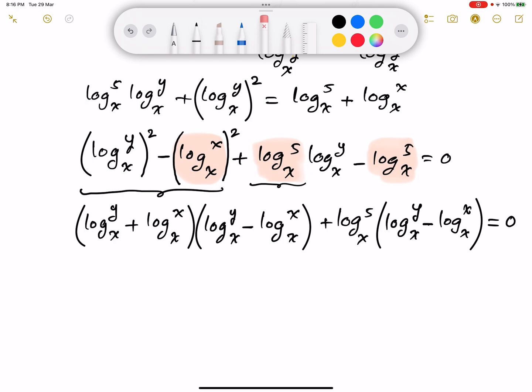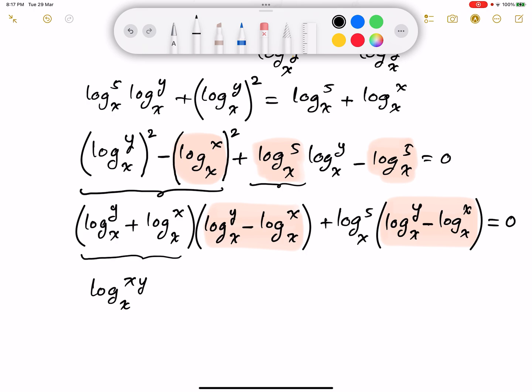Now looking at this term, we notice, guys, that this whole term is exactly the same as this term here. So this can be taken as a common factor as well. We can also notice that this term can be rewritten as logarithm of xy base x, because the two logarithms are added to each other.